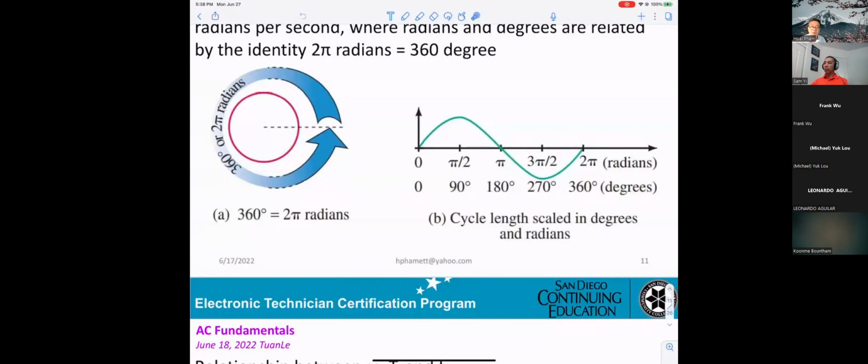Okay, on this one also, you know, this is sideways. If you are at this point right here, that is 0 degrees, and they rotate this way. When they go up to this point, it will be 90 degrees, then 180, 270, and at the beginning here, 360 degrees.